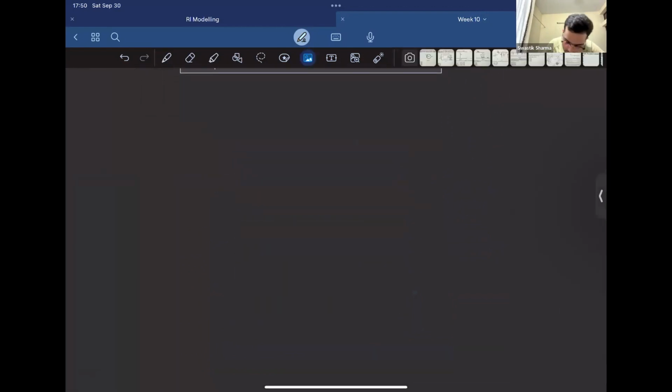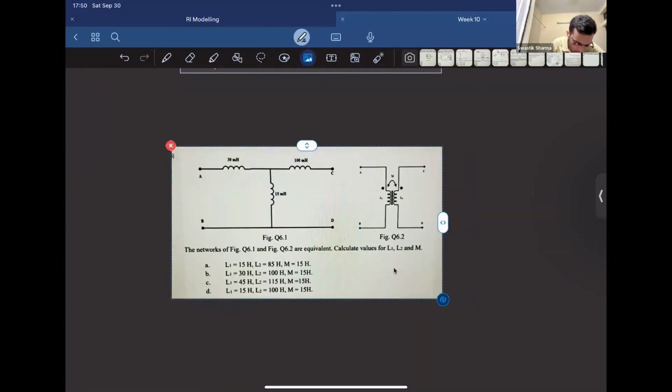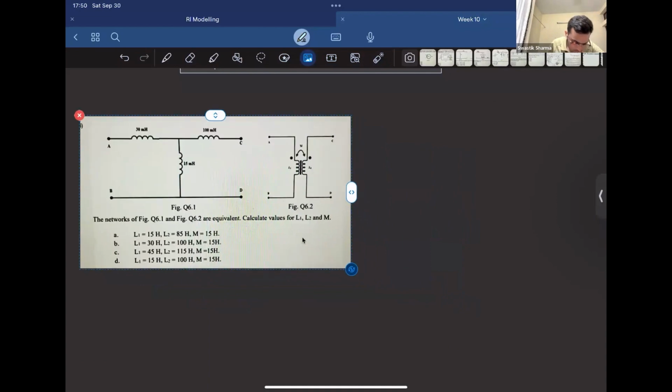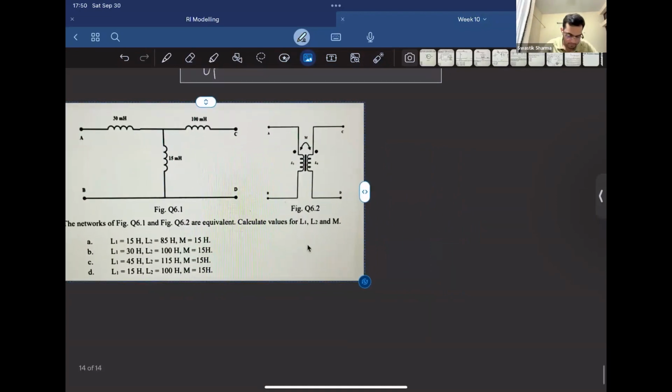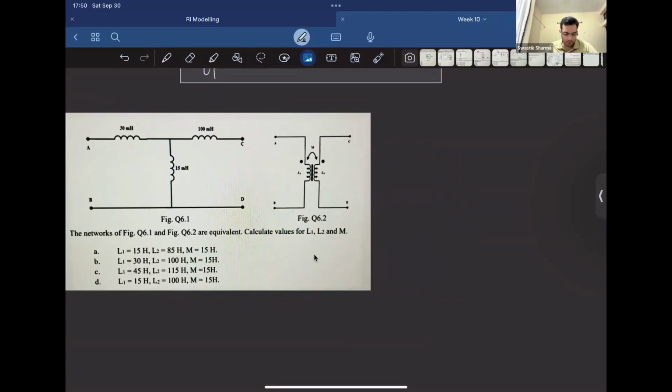Okay, let's do one more question. So you have this circuit. What we have is that networks of question 6.1 and 6.2 are equivalent. That means this circuit and this circuit are similar in nature, and we are required to calculate the values of L1, L2, and M. So how can we do it?